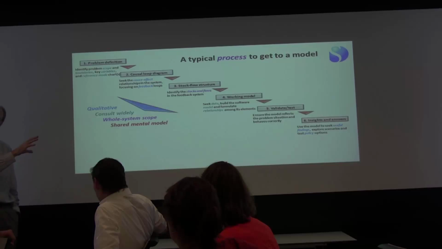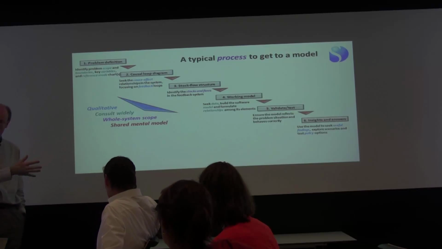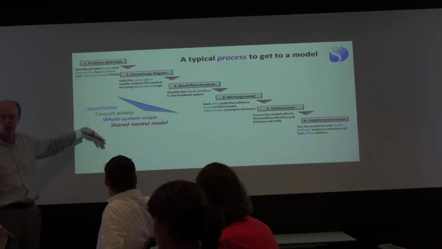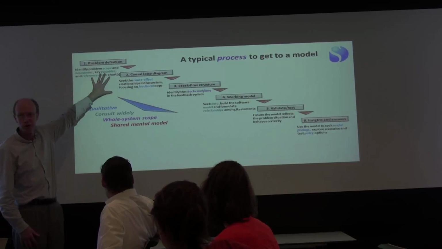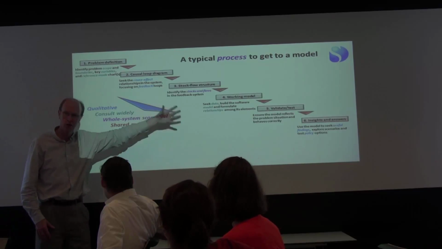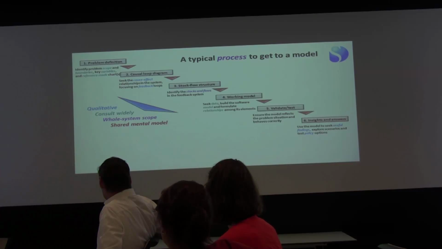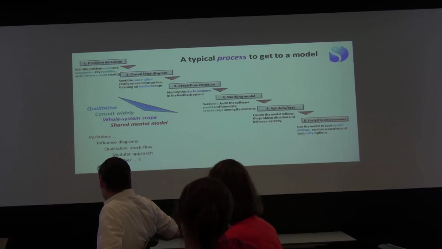If you read the articles in our review, or the articles submitted to the conference, it seems that this is what people try to do. They say: this was the problem we set out to solve, this is what we did, this is the model we ended up with, and here's what we found. There are variations on this, which I won't go into now, but you can read them in our literature.